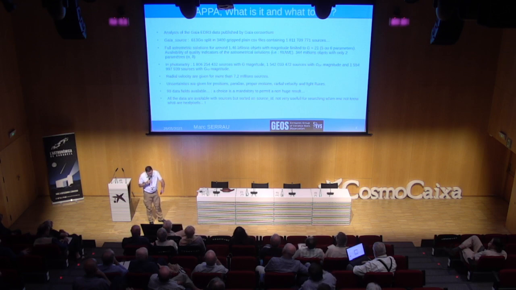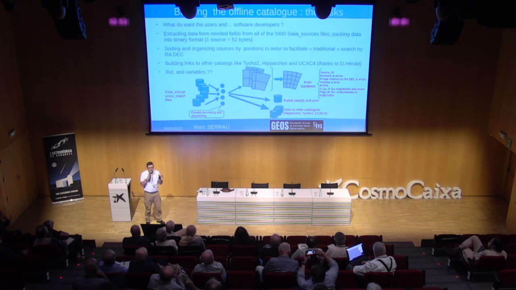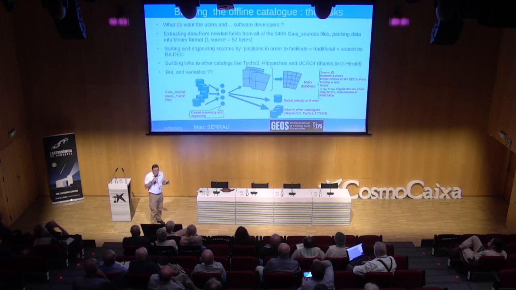I don't want to read all the slide, but you know there is a lot of data in these files. What to do with that? So the first thing I discovered is that the stars were not sorted by right ascension and declination. I discovered the HEALPix, and I don't know what to do with that.